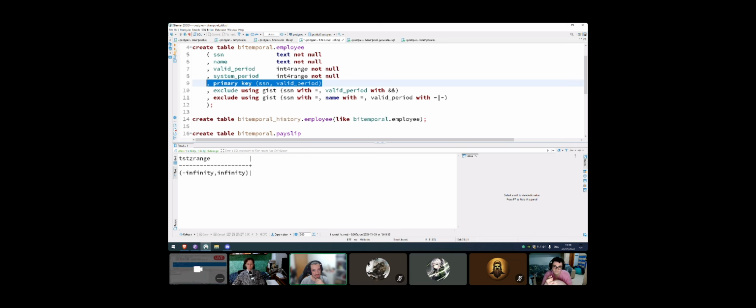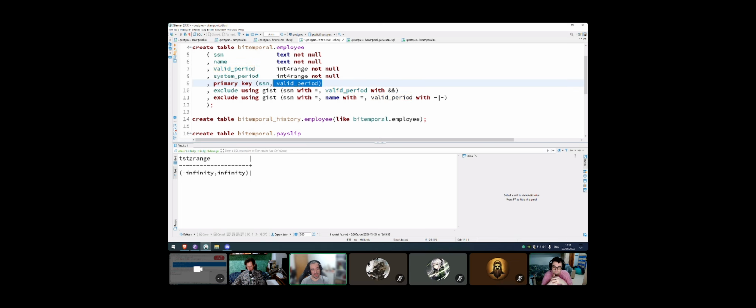And to make sure that this happens, strictly speaking, a primary key would just do the constraint checking with the equals, right?